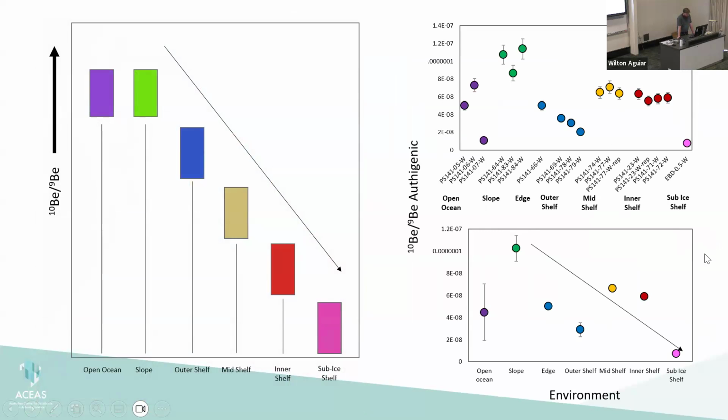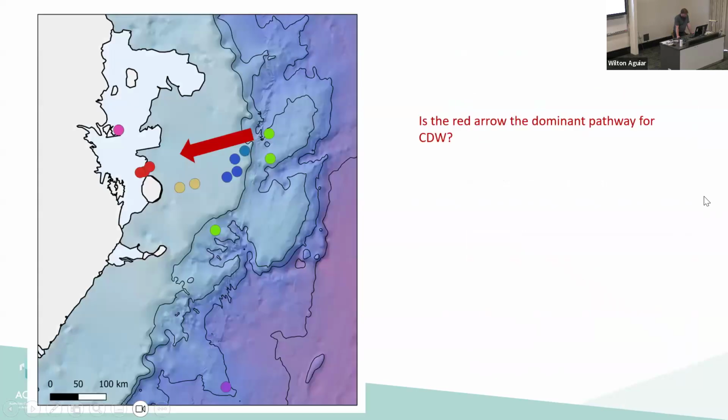However, it is confounded by these 2 points where the outer shelf, which you'd have expected to be pretty close to the slope concentrations, is lower than the mid shelf or inner shelf in its ratios, which was very surprising to me. And it indicates that other processes are likely at play here.